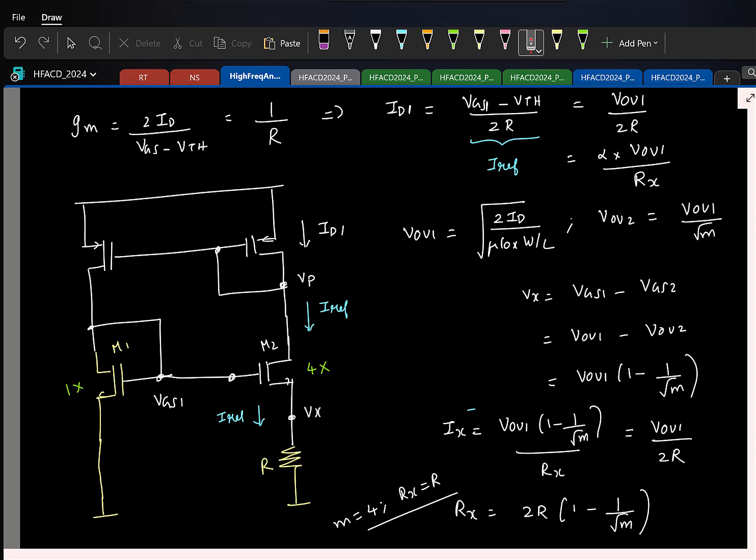right? Because remember, as long as I bias it with a particular current, I am set. That current has been generated in the circuit, so I can take it and mirror it to any circuit you want and make GM of that circuit to be constant. Okay. Cool.